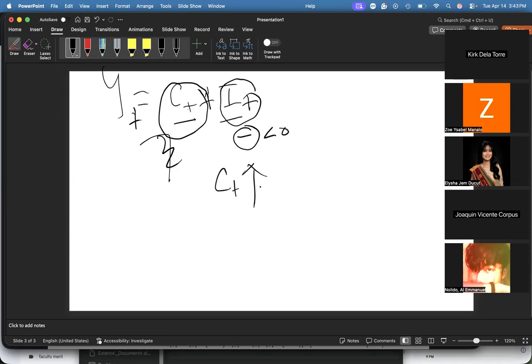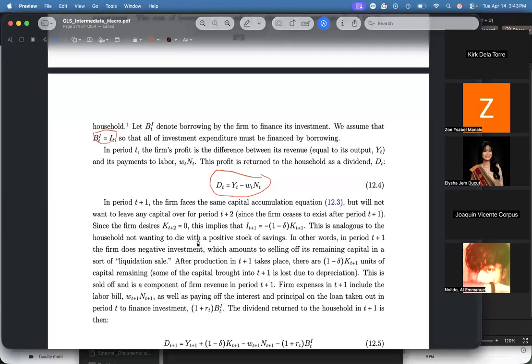Okay, so that's one interpretation. The other interpretation is this, and that's actually a pretty straightforward interpretation. Remember, pagdating ng T plus 1, meron kang hawak na KT plus 1 units of capital. Again, this is something that you just inherited, right? So what this is saying is, this KT plus 1 units of capital, at the end of the period, you will only get 1 minus delta of it. So yung mangyayari is ibebenta mo siya, guys.